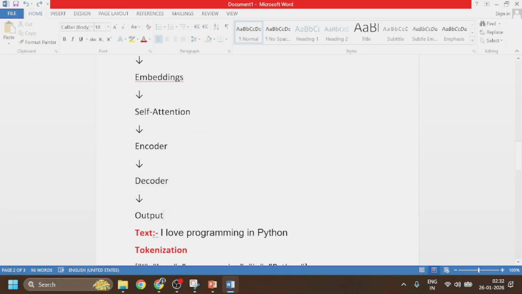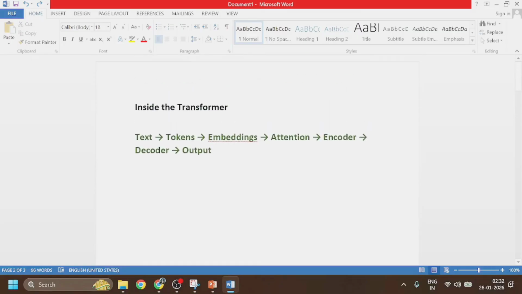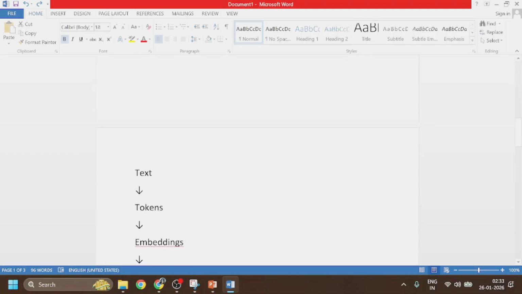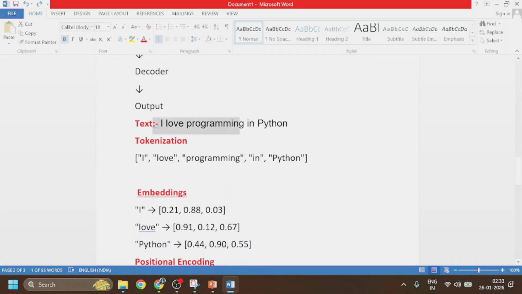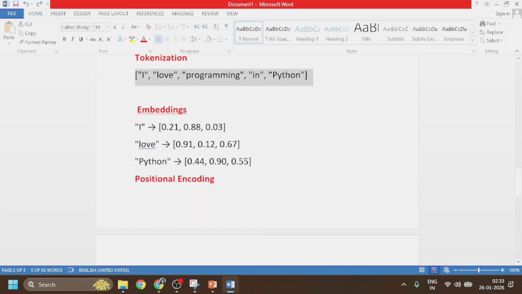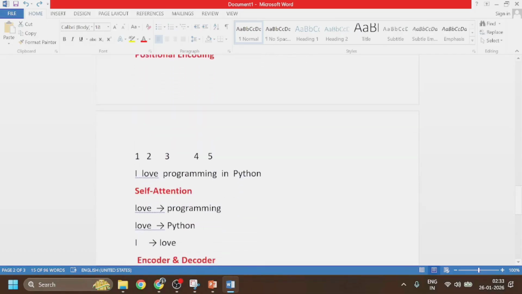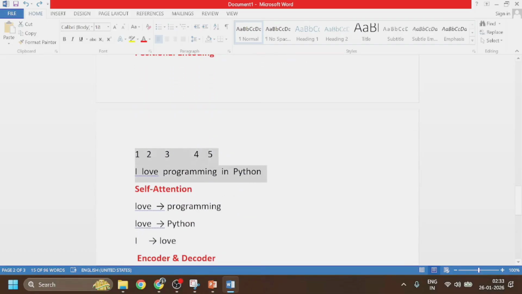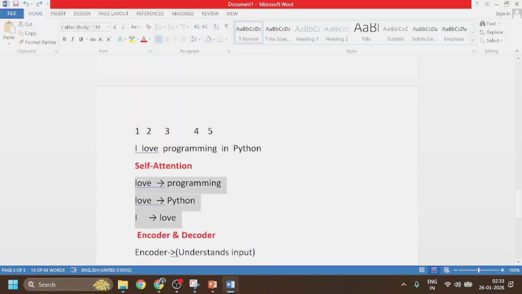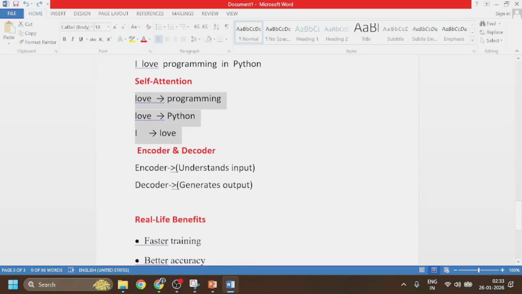So the basic pipeline of the transformer is: text, tokens, embedding, positional encoding, attention, encoder, decoder, and output. After tokenization you do embedding, converting text into a numeric format, that is vectors, and that is called the embedding.